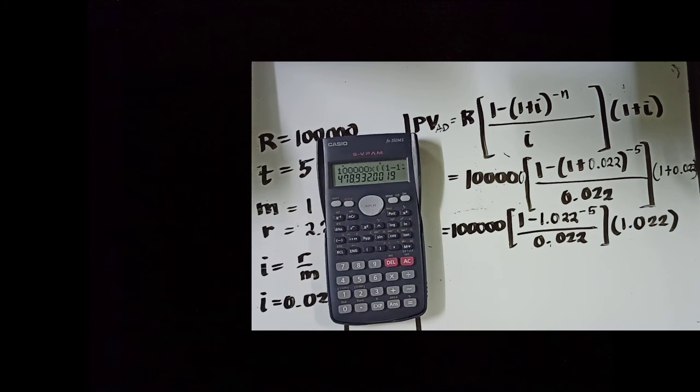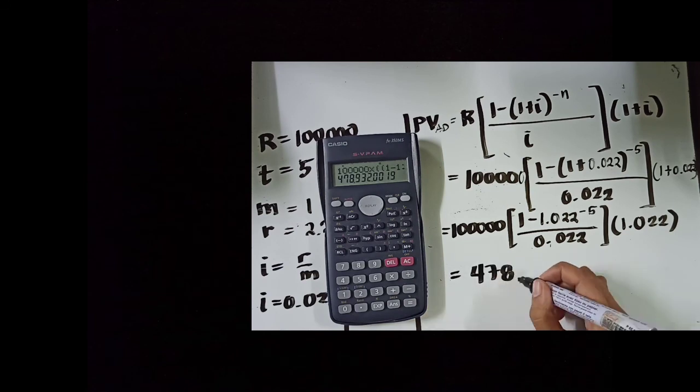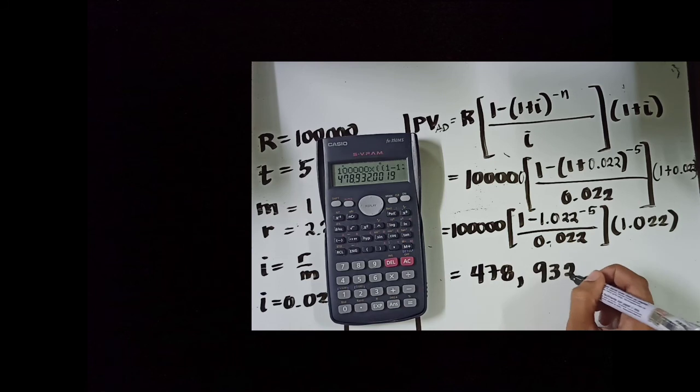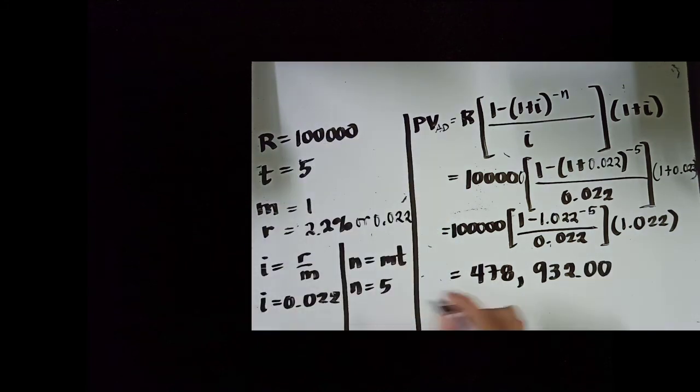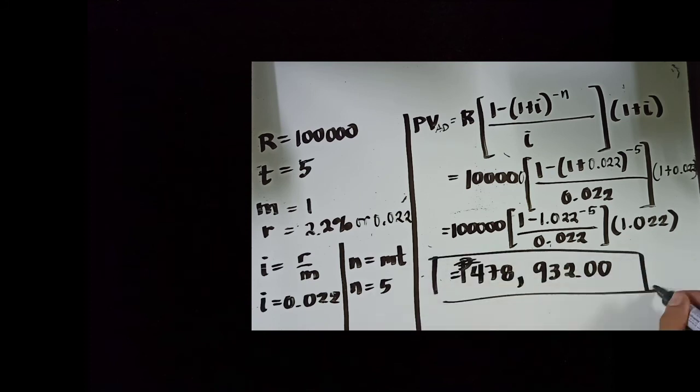Then the answer is 478,932 pesos. Okay, so again, the final answer is 478,932.0019 or 932 pesos. Okay, so this is the present value of an annuity due.